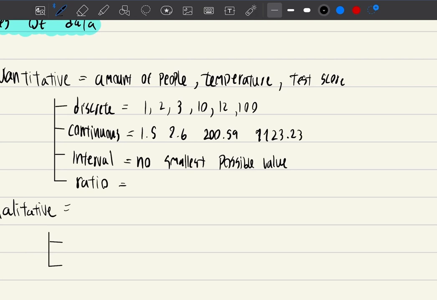But the ratio has a smallest possible value. For example, ratio is like the milk in the jar. You cannot have negative liters of milk in the jar.